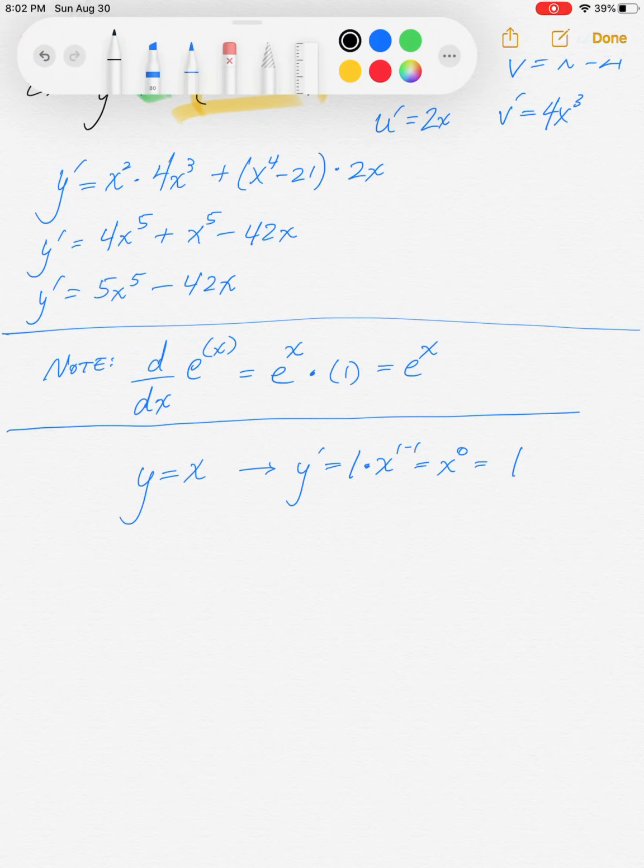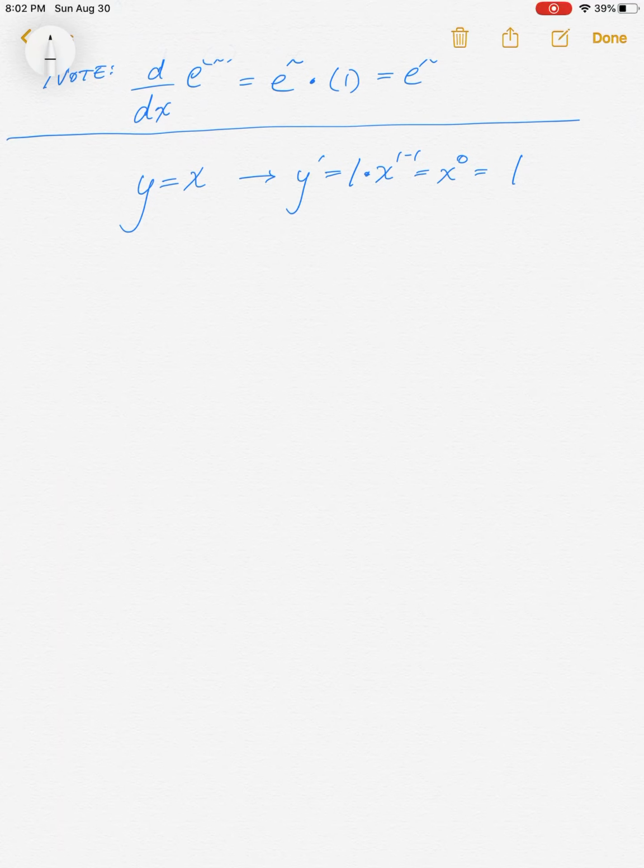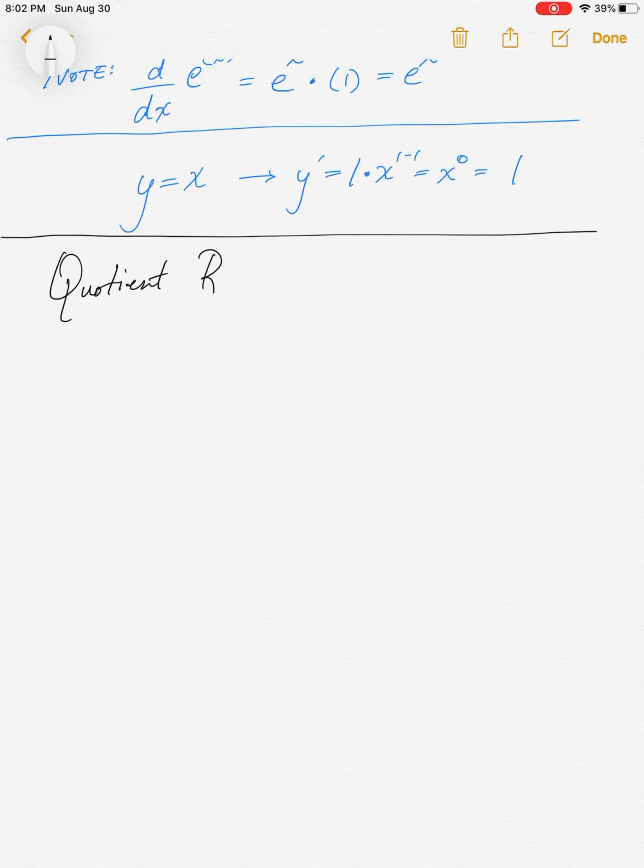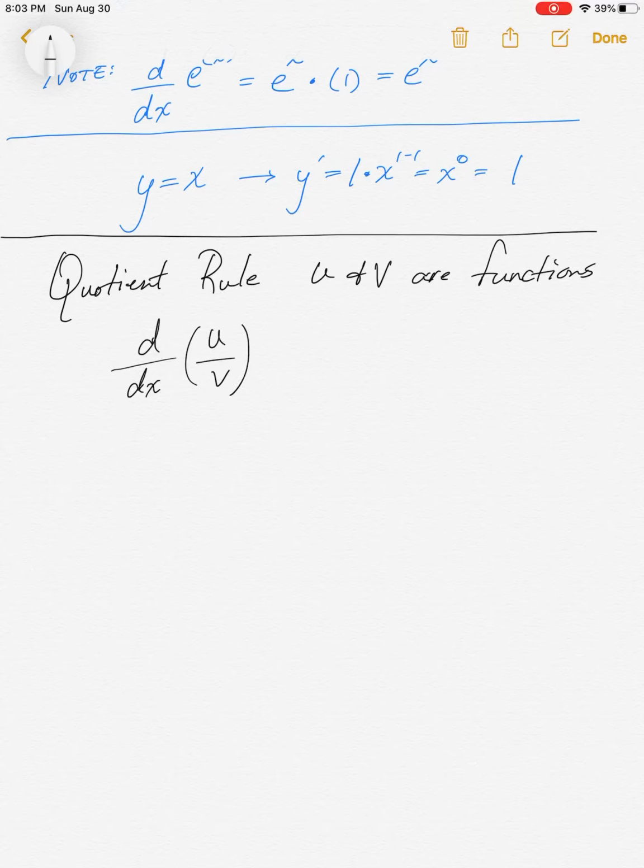All right, let's keep it rolling. The next rule that we shall introduce to the board is the quotient rule. Again, u and v are differentiable functions of the variable x. The quotient rule says if I want to take the derivative of u divided by v, we go bottom up.